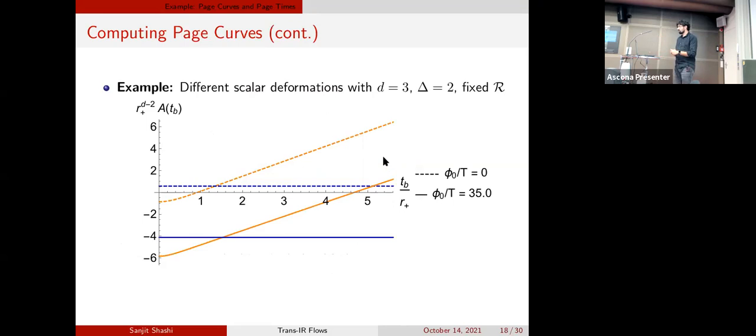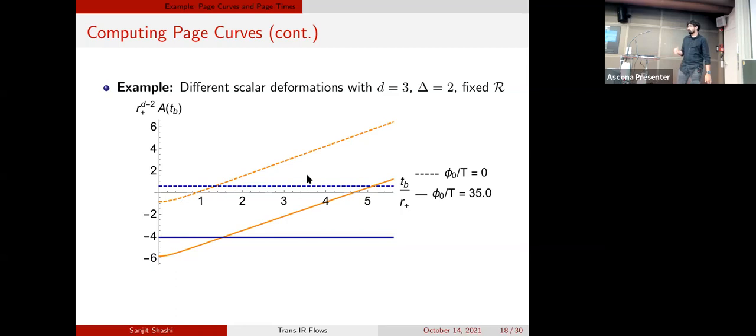So this was just the example of D equals 3 with a 2-dimensional operator, and we kept the radiation consistent. And what we saw was that if we had no deformation, we got one Page curve, this thing in this dashed line, which the Page curve, of course, is the increasing part, and then the constant part after that.